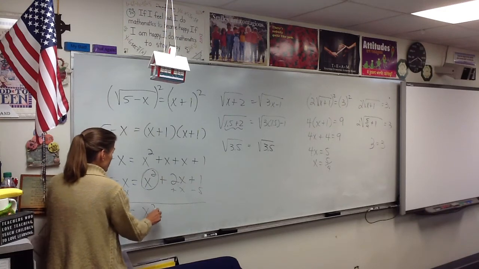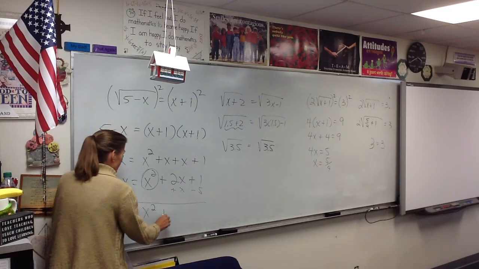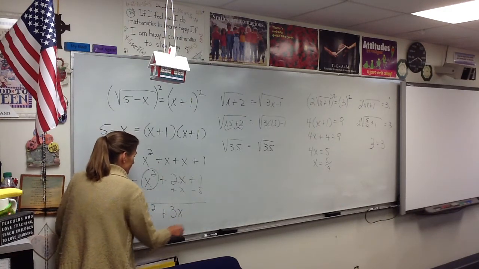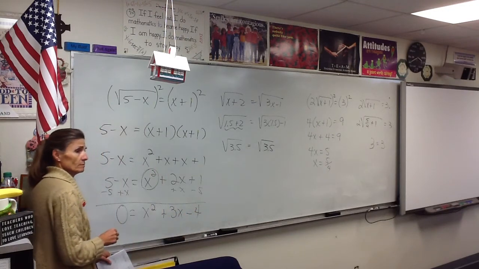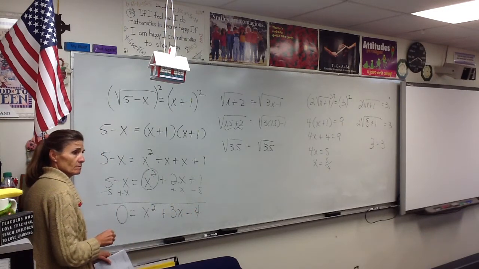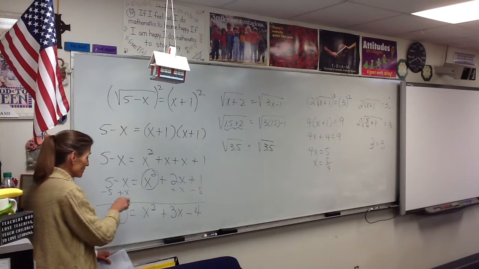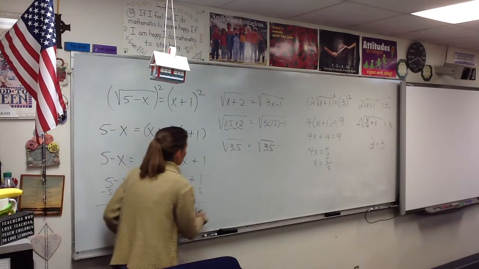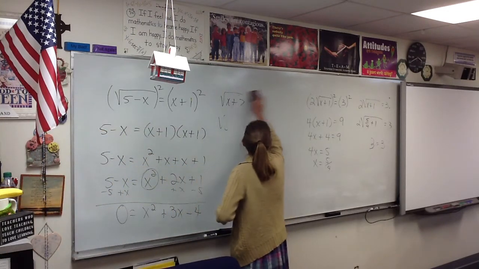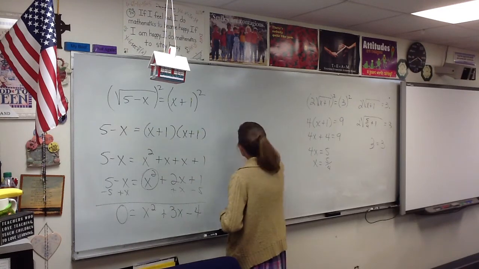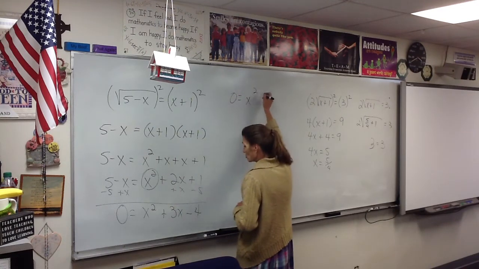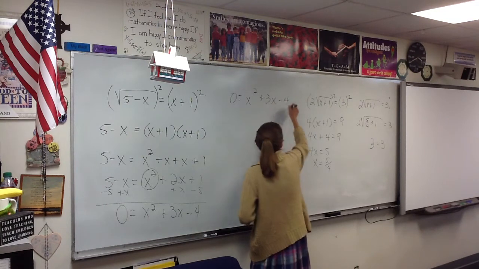So I'm gonna have x squared plus 3x minus 4. Is that what you got when you moved everything over? Now, what am I going to do with that? X squared plus 3x minus 4 equals 0.